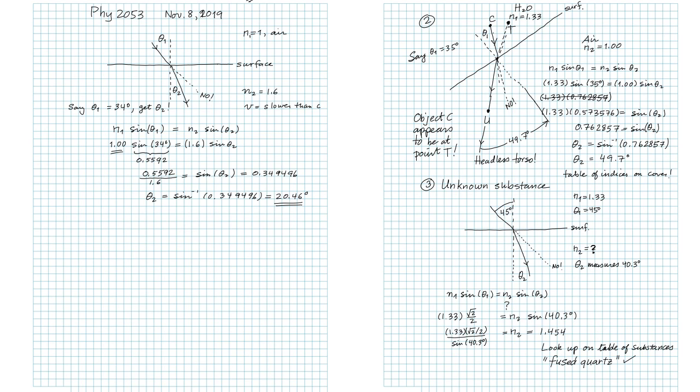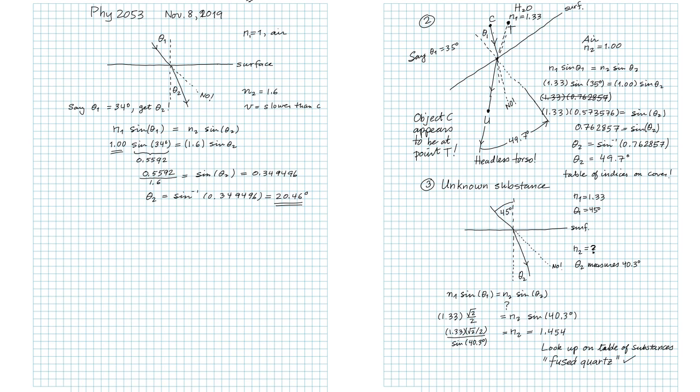And so theta 2 is the inverse sine of 0.762857, which means theta 2 is, okay, what do you get, 49.7? All right, 49.7 degrees.